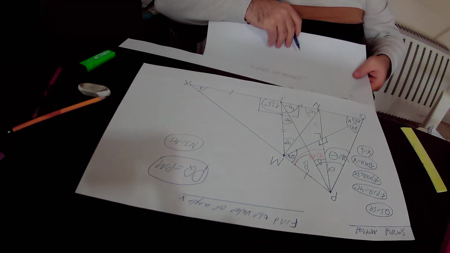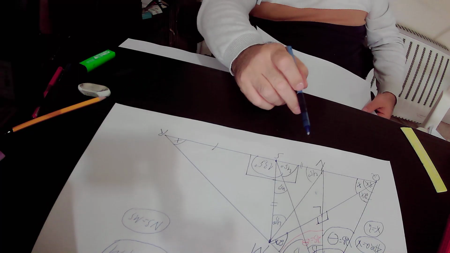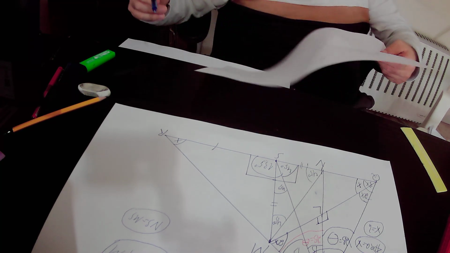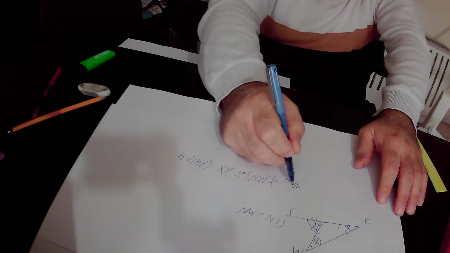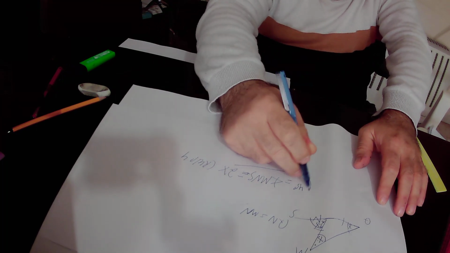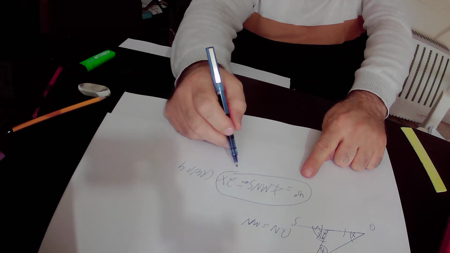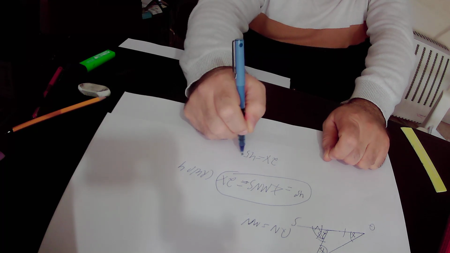And we have already found out that angle MNS equals 45 degrees. You can see from the drawing. So angle MNS equals 45 degrees from the other side. From this equation, we will get that 2x equals 45 degrees.